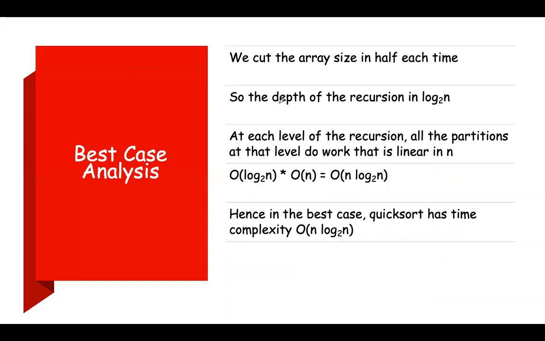So we cut the array into half each time, and the depth of the recursion, you all know, when it goes exactly half of half, it will be log n. At each level of the recursion, all the partition at that level is linear. Okay, n. So usually here it will be big O of n log n.